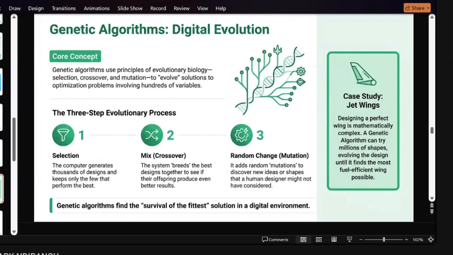The computer generates thousands of designs and keeps only the few that perform the best. The next one is mix, which is the crossover. The system chooses the best designs and brings them together to see if the offspring produce even better results. And the third one is the mutation, which adds random mutations to discover new ideas or shapes that a human designer might not have considered.